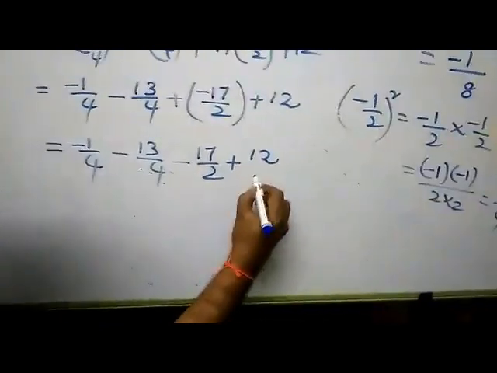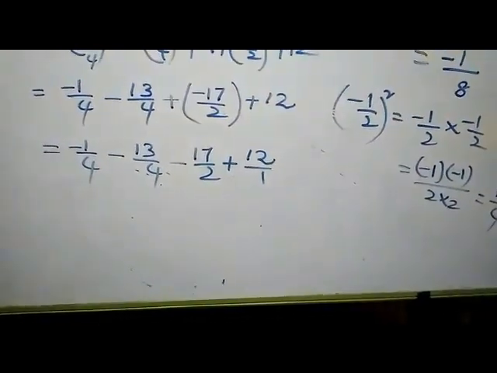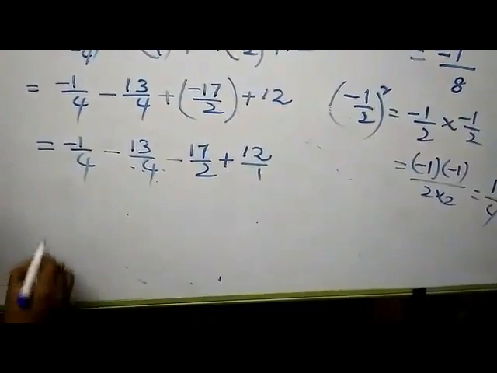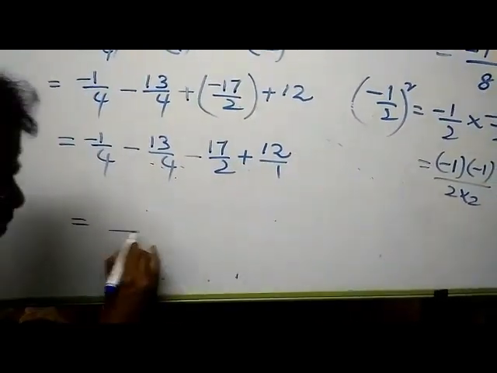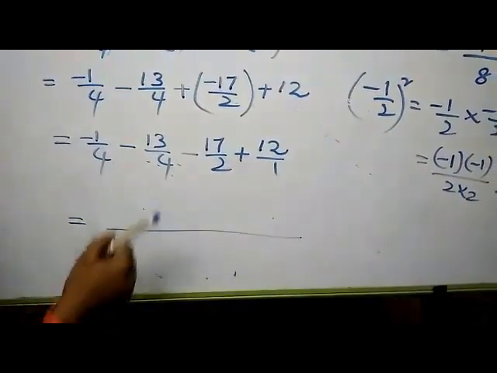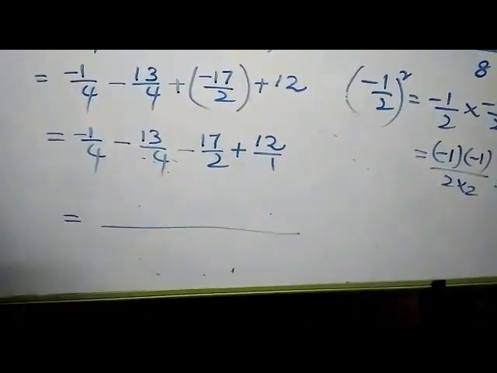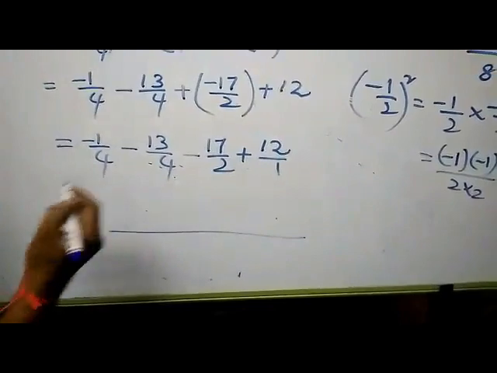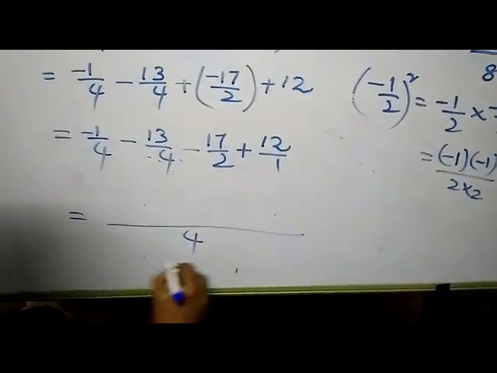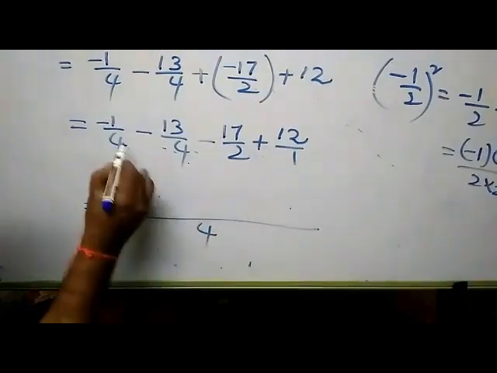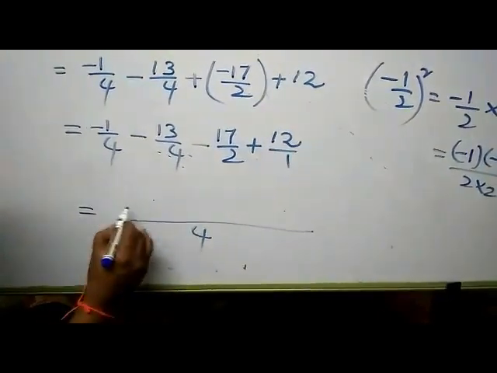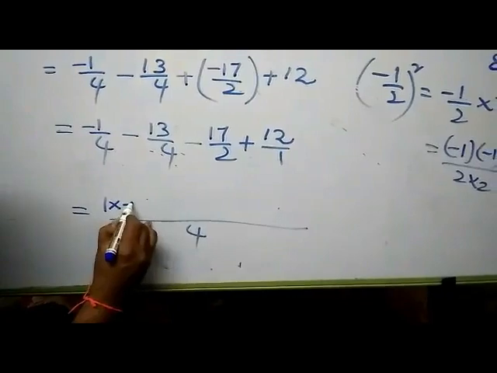I am writing plus 12 by 1, 12 I can write as 12 by 1, right? Because here I am using LCM. So here, what is the LCM of 1, 2, 4, 4? 4 is the LCM. Right? 4 by this 4 is equal to 1, 1 into minus 1.